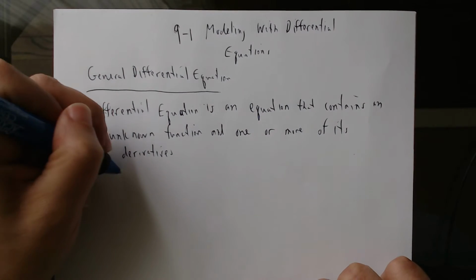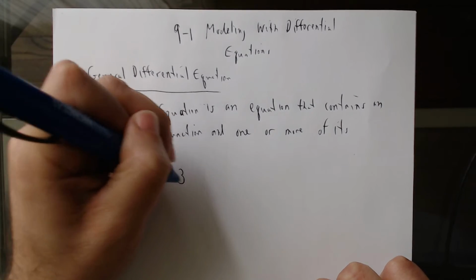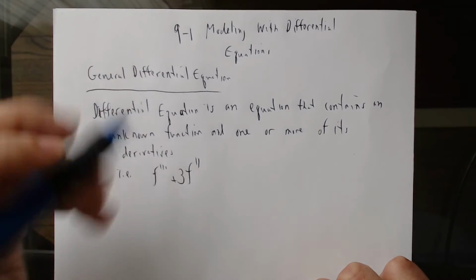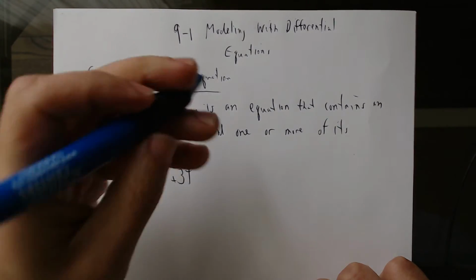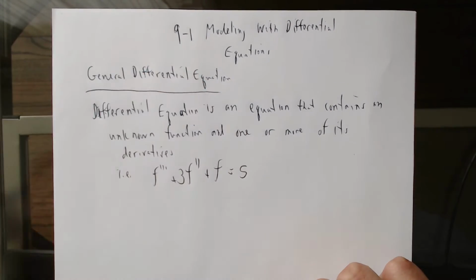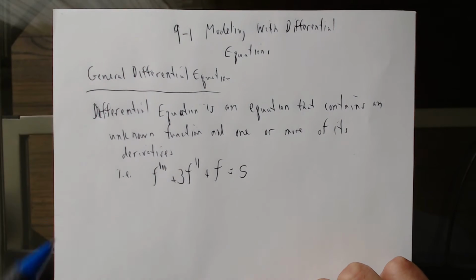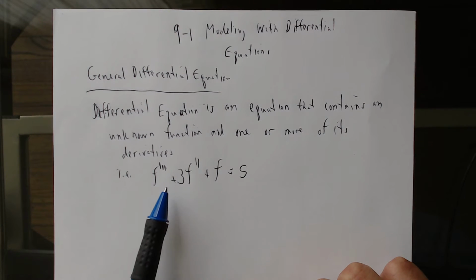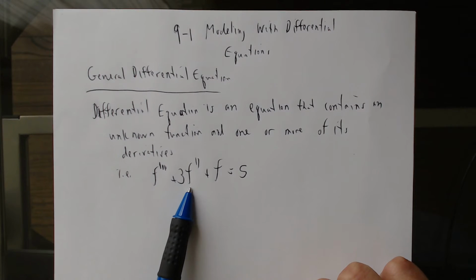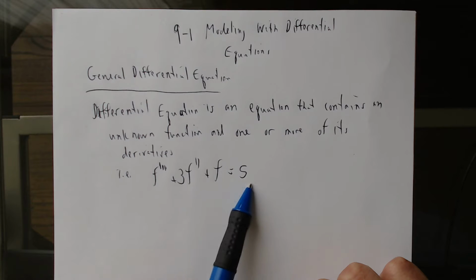So for example, we could say something like f triple prime plus 3f double prime plus f equals, I don't know, 5, for instance. So here's what we're saying. We're saying find a function where its triple derivative, plus 3 times its double derivative, plus the function itself equals 5.